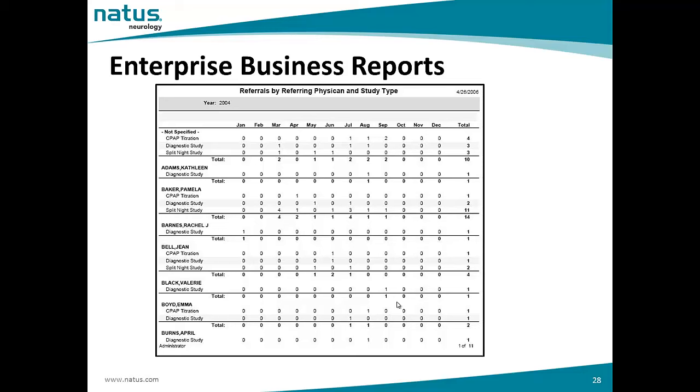Let's say in March, I can see that she has referred 4 split night. In April, there's 1 CPAP titration study, there's 1 split night study, and so forth. So it gives you a detailed view of what kind of studies and how many studies they have referred for that year.